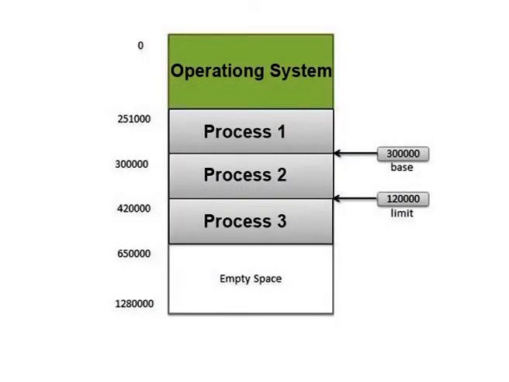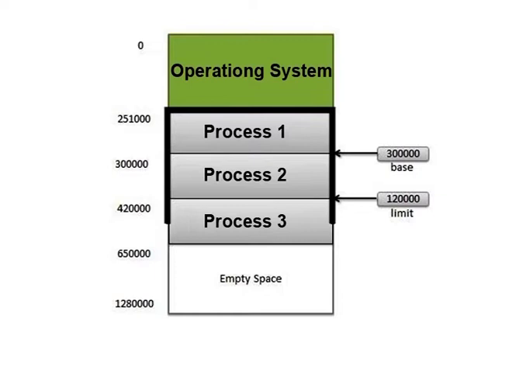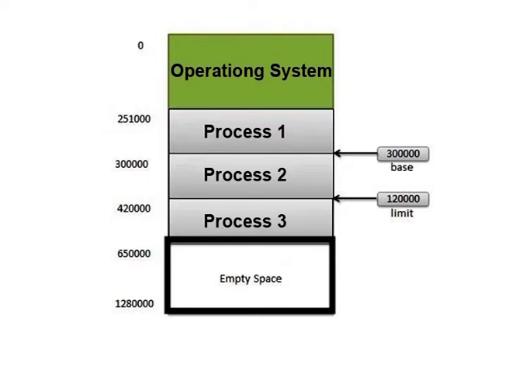This figure contains an example of main memory loaded with multiple processes. One part of memory has been occupied by the operating system. Three processes, process 1, process 2 and process 3, have occupied some portion of memory depending upon their size, and the rest of the memory is free.